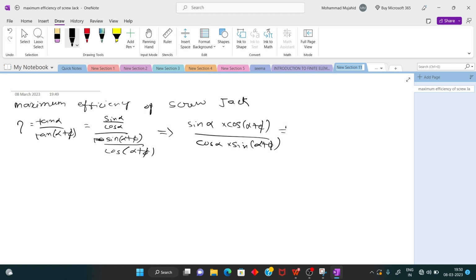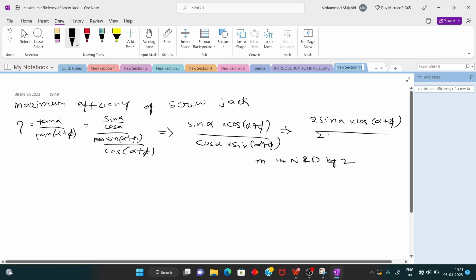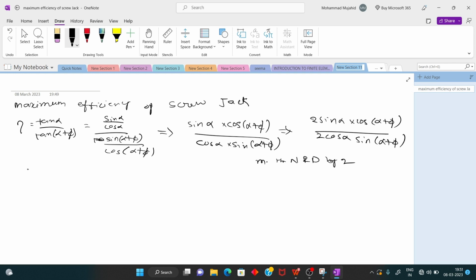Now we are multiplying the numerator and denominator by 2. Then you get 2 sine of alpha into cos of alpha plus phi by 2 cos alpha into sine of alpha plus phi.